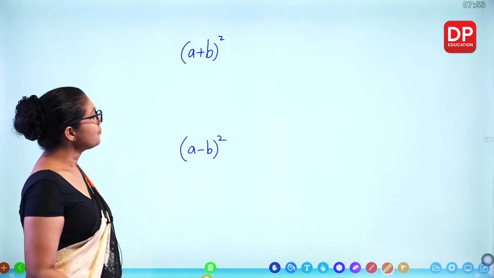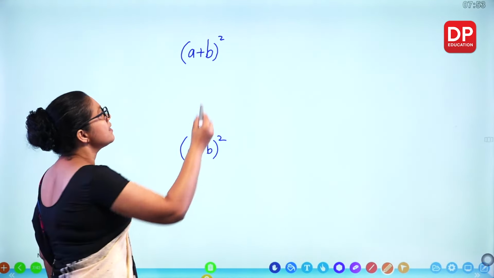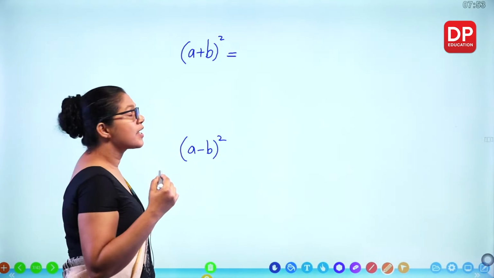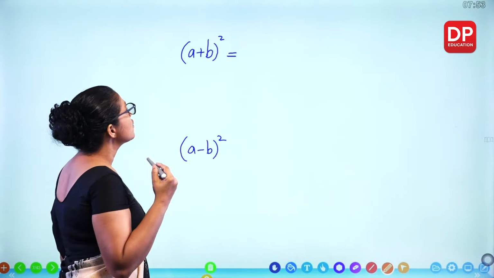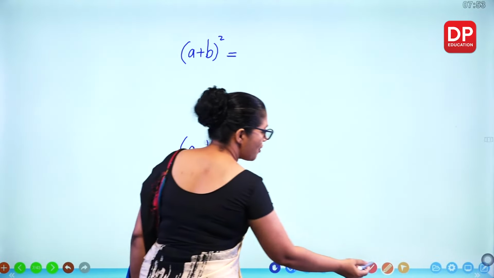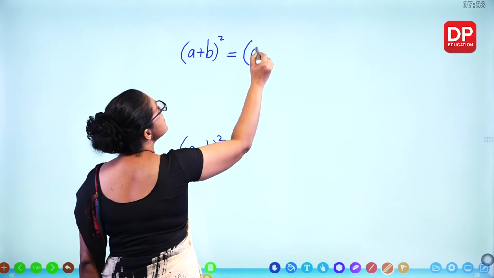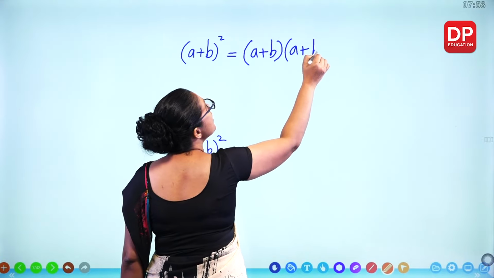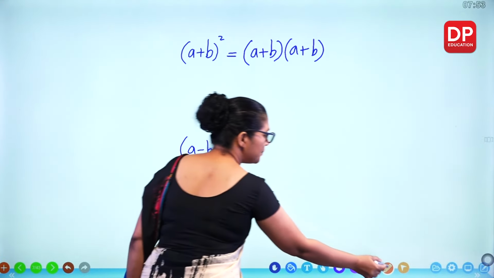Now, we'll do this one and try to find out a pattern. Then you can do it at once. So we'll see again. You write down the terms separately and then use rainbow method or FOIL method.